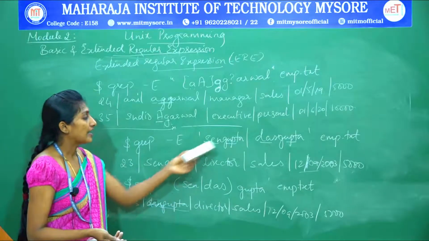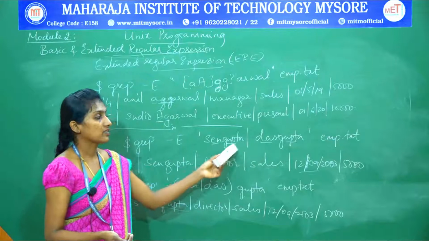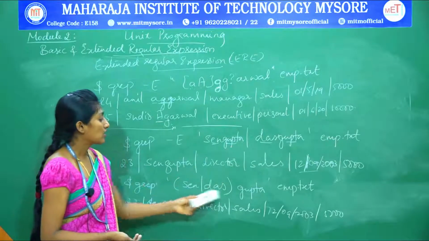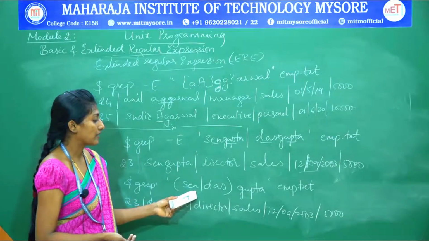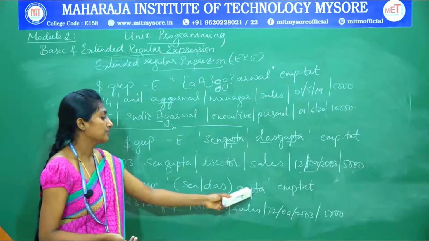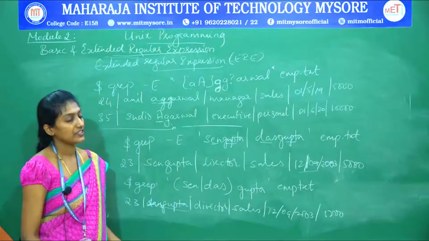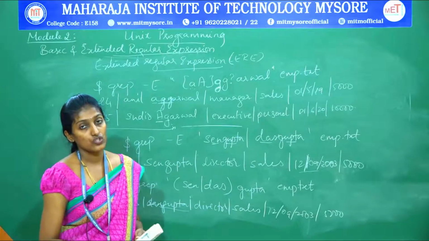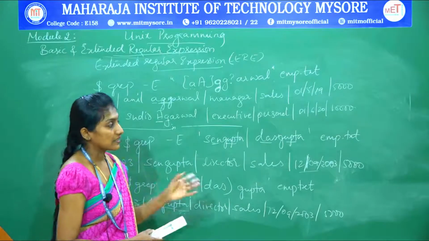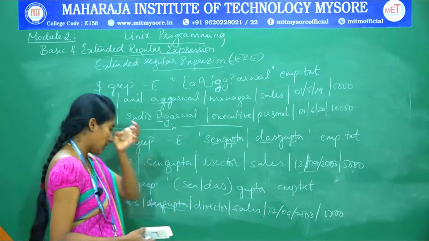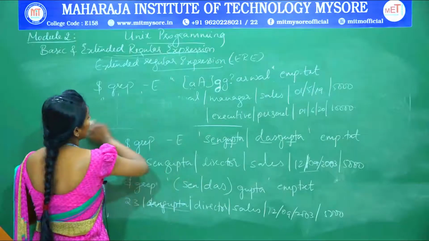Next pipeline, either one of these patterns is going to be matched. Brackets for the pipeline, if you give like this, it can match either Sen Gupta or Das Gupta. So these are the different sets of regular expressions which you need to know in the shell command, that is within your shell interpreter cycle.